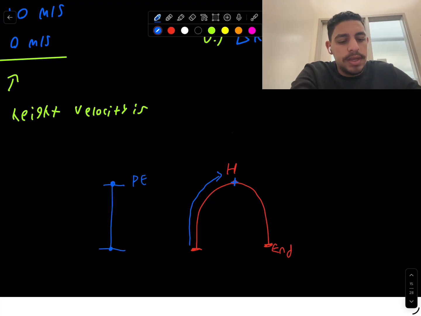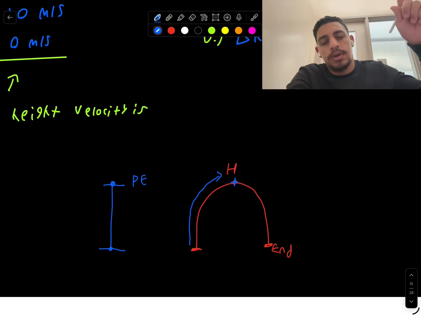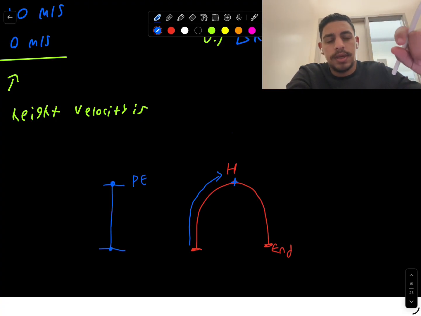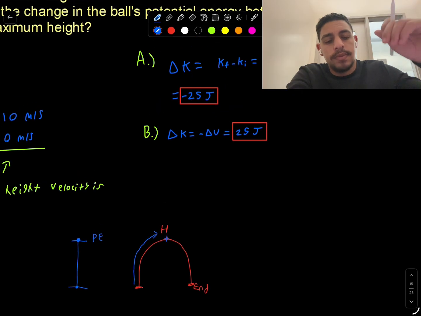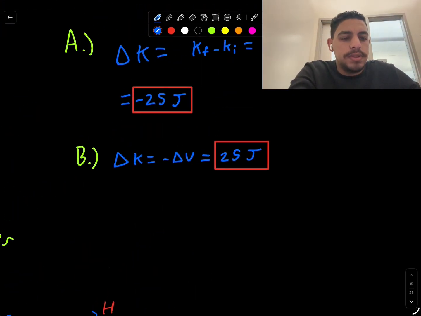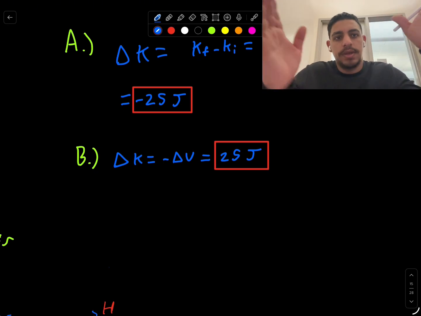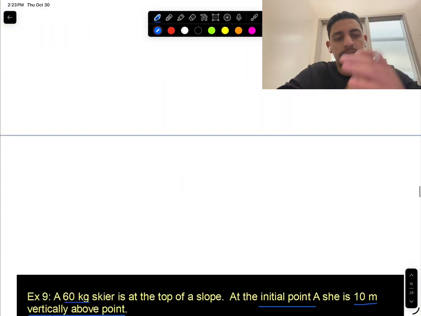And so what you get is when you're going up, kinetic energy is changing, but it's basically losing kinetic energy. It's in the negative direction, right? But potential energy is increasing as you go up. And so what happens is you end up with these values right here, where kinetic energy is negative and potential energy is positive, because they have to equal 0 for conservation of energy.